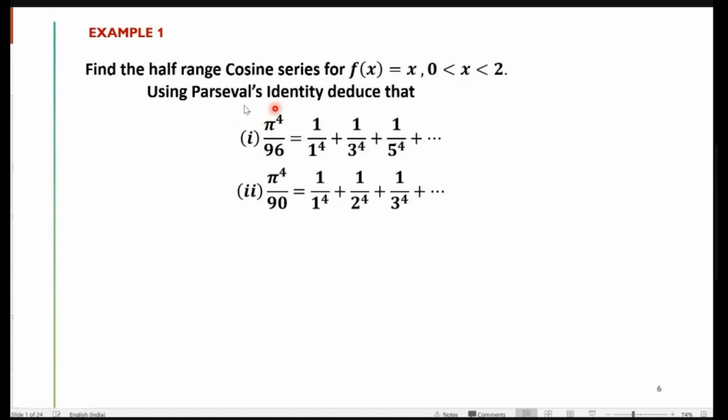If it is not specified in the problem, तो अगर an में n square है और यहाँ पे पूछा है 1 raised to 4, 2 raised to 4 etc., then we have to make use of the Parseval's. अगर जो भी an और bn आया उसका अगर स्क्वायर का टर्म पूछा है डिडक्शन में, तो अप्लाई द Parseval's identity. Okay.